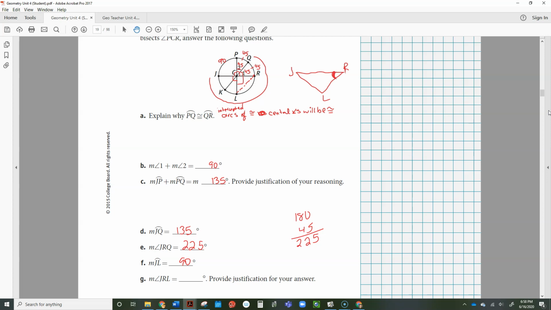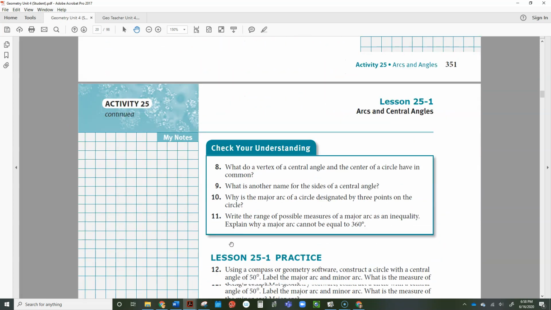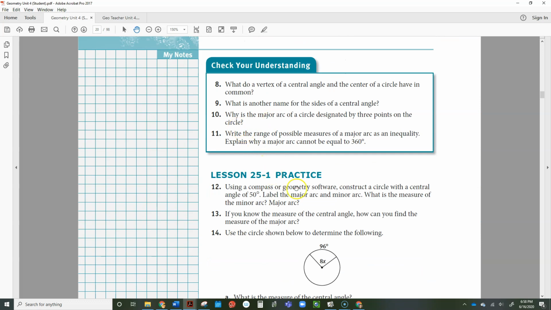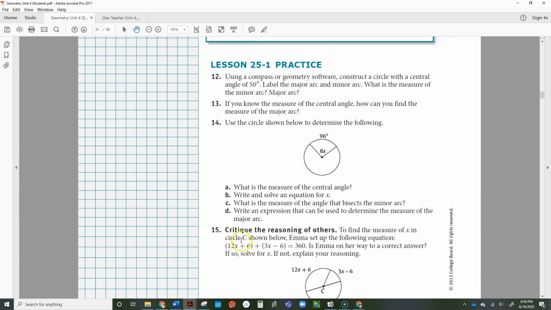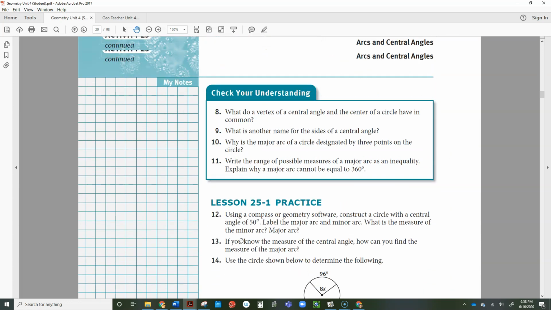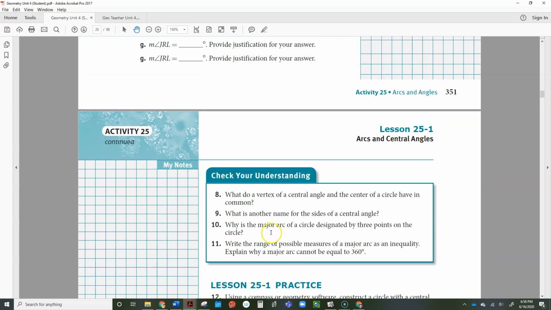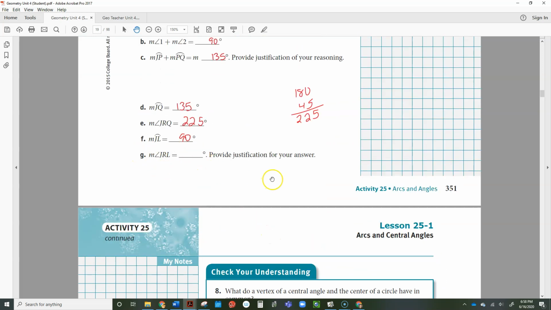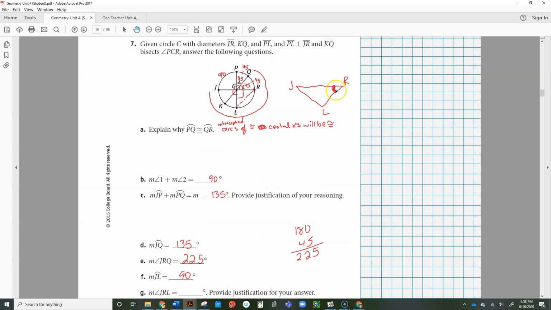So if you can figure out what it is, go ahead. I'm going to go ahead and stop the video because I don't want to waste all of the time that we spent working on these other problems. But I think the only thing left to do is check your understanding and your lesson practice. So I'll come back with the answers to these problems, and I will include the answer to that problem. Like I said, I can tell you right now, I know what the answer is.